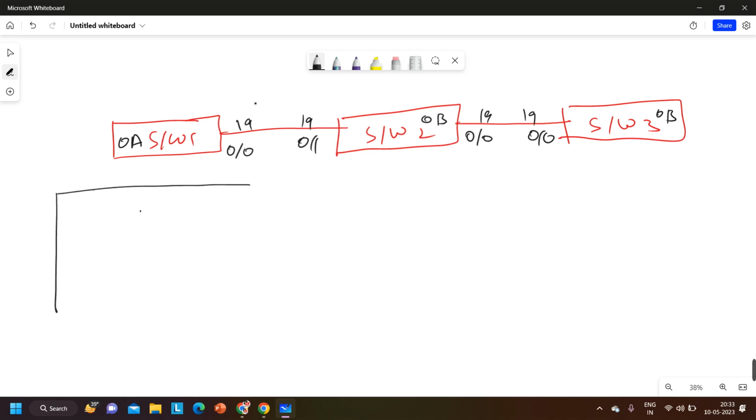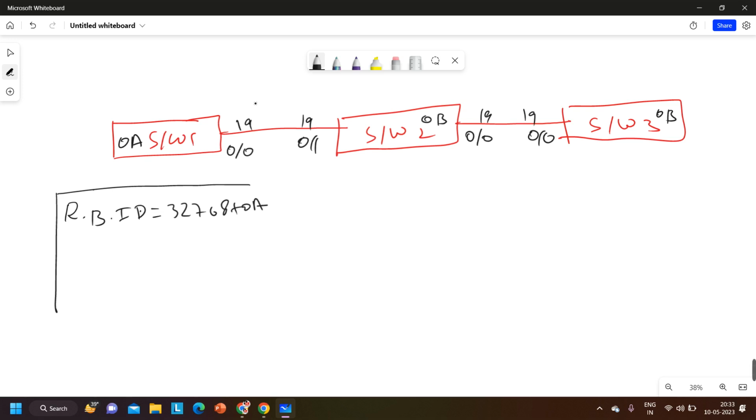In the configuration BPDU, there will be the root bridge ID. This is an important field of the BPDU content. So what will be the root bridge ID? 32768 plus 0A.